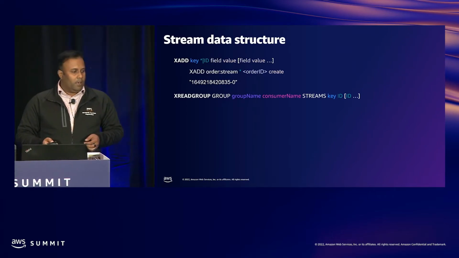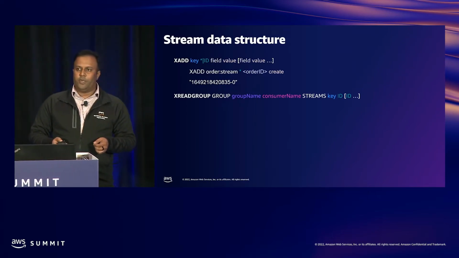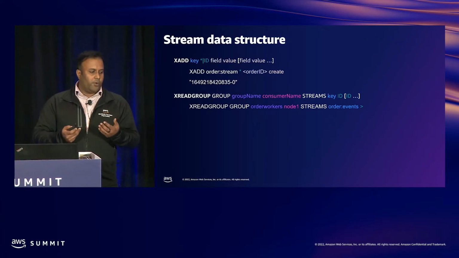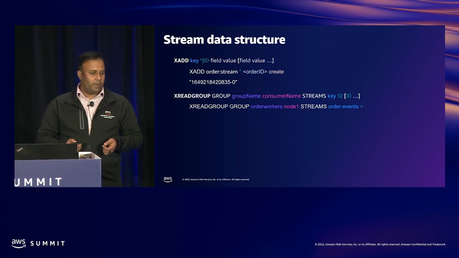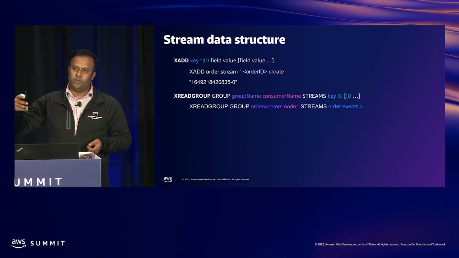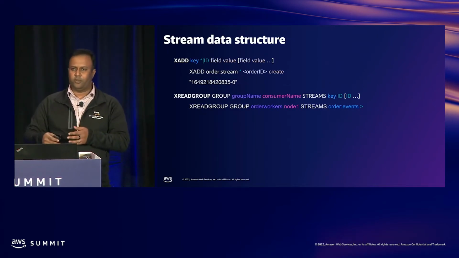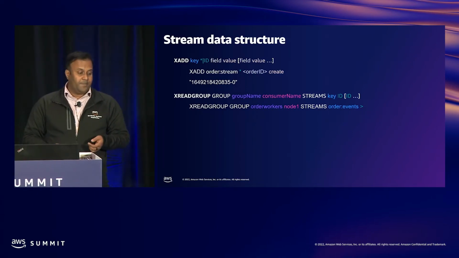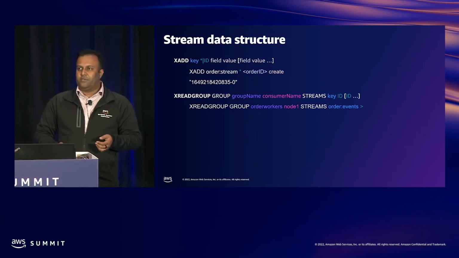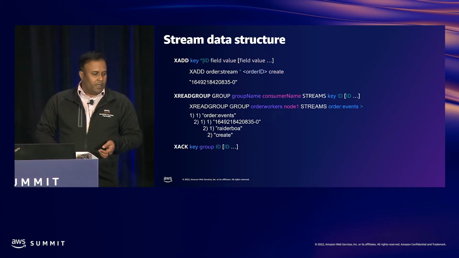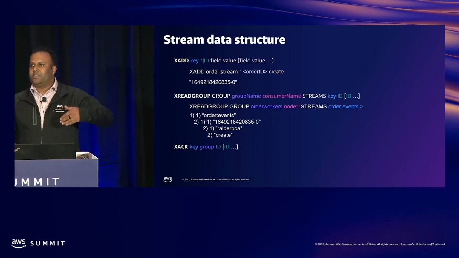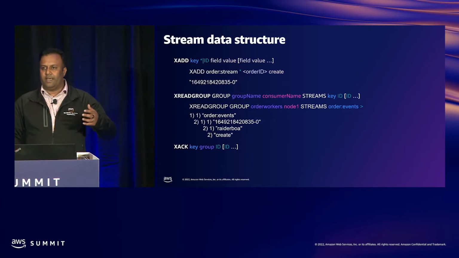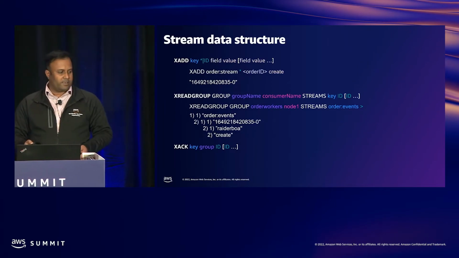The XREADGROUP can read from a group name, whatever group, in this case we're calling it order workers. And then you're passing a consumer name, which consumer is going to consume it. You can have multiple consumers or multiple consumer groups as well, and the streams and the key ID which you're looking for. So that's how, and then once you get the message, you just acknowledge it, XACK, so that it removes from the pending entries list, and that's it.